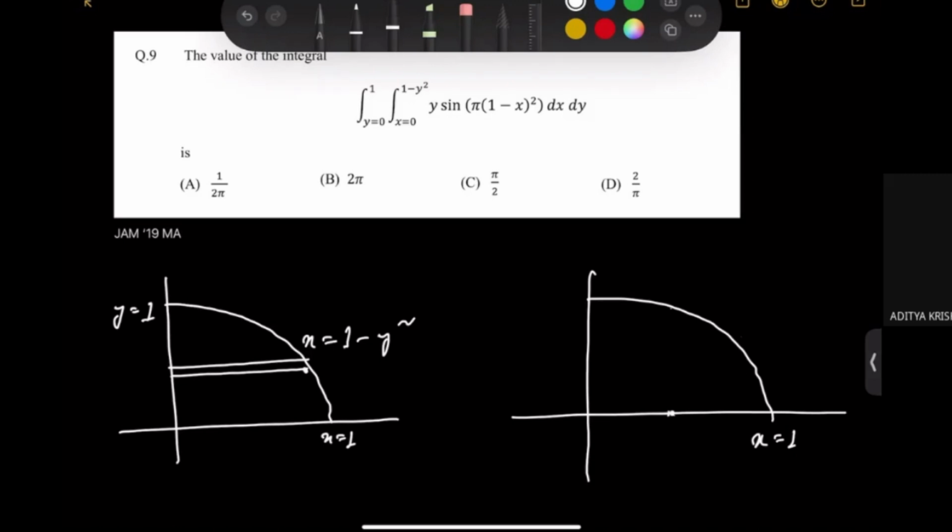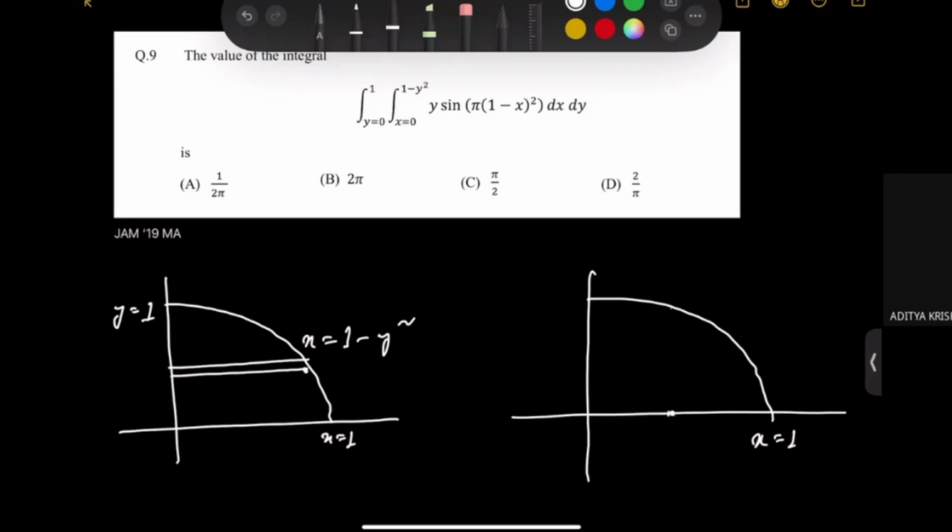Okay, let's try this problem. Look at the question. You want to integrate the function y sine of pi times (1 minus x) whole squared over the region given by the limits, right? So I have drawn the region. Look at the inner integral.